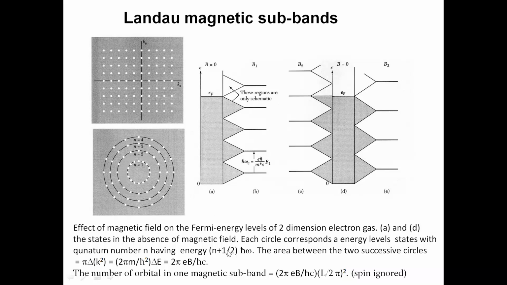We can simply calculate it by dividing this area by the area required for one state in k space, and we get this number. This is the degeneracy, or the number of orbitals in a particular Landau level. We have already discussed this in detail, and you can go through your notes.